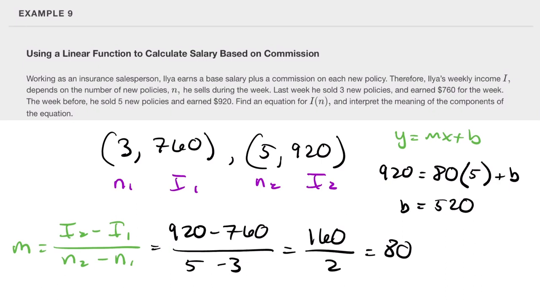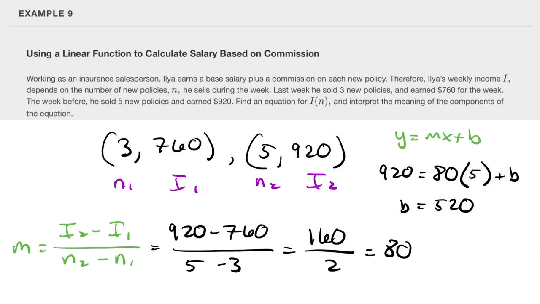Let's see. So maybe his base salary is 520, something like that. That might be the case. If he doesn't sell any policies, he might not be at the company too much longer if he's just collecting a check, because this is capitalism.